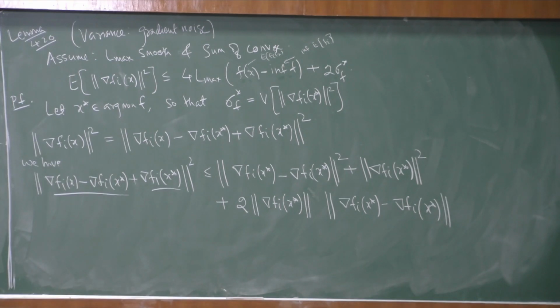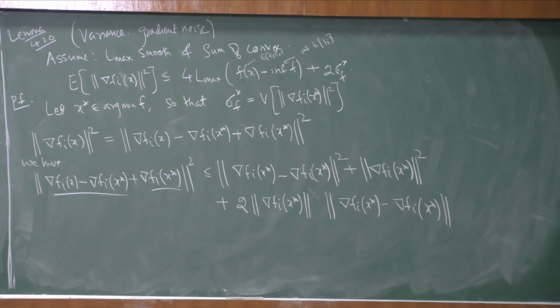We apply the triangle inequality and we also square it because everything is positive, so we can square it. So we have these mixed terms there, which I may want to get rid of, the last term.